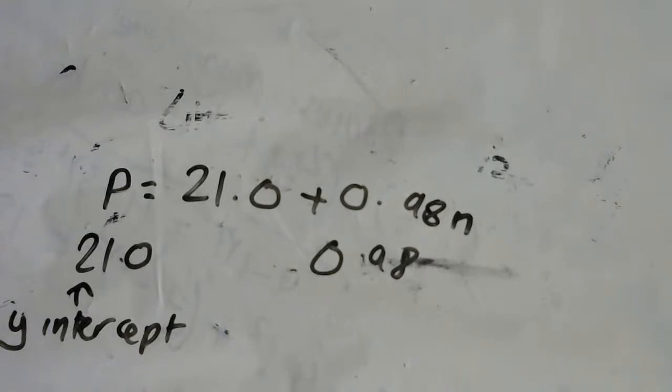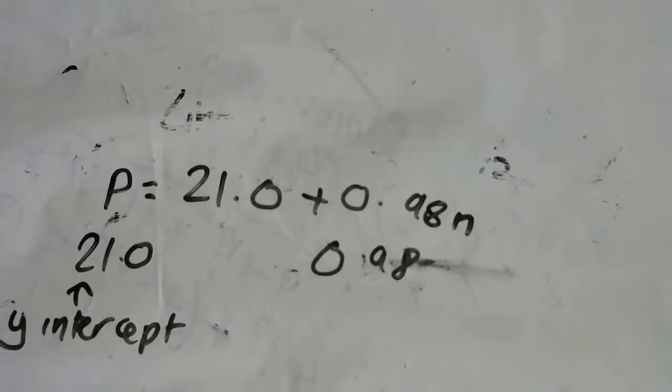So when n is 0, where n is the number of items, p is 21. That means even if this company makes nothing at all, it would still have production costs of £21,000, because it says 21 and it's in thousands. Why would that be? How does that make any sense? Not making anything, that'd be wages, wouldn't it? Logically. What does 0.98 mean?